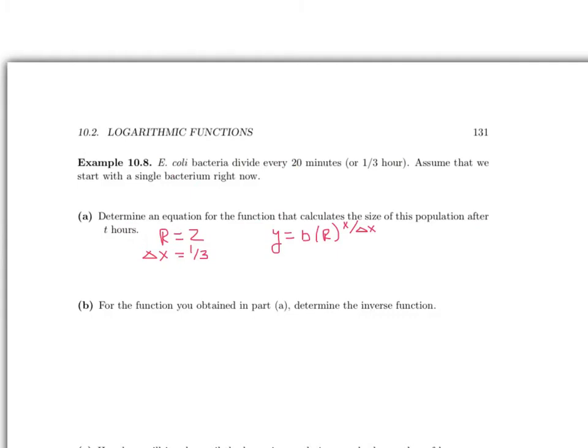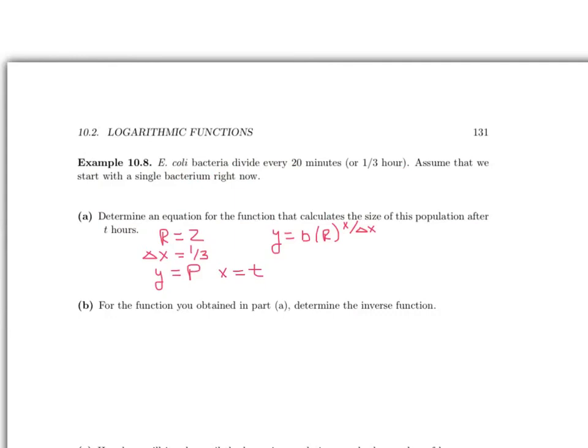Now, the y variable in this example, the output, would represent our population. So instead of using the letter y, we might use the letter p to help us remember that the output is a population. The input variable x represents time, so instead of the letter x, we might use the letter t to help us remember that that variable represents time.